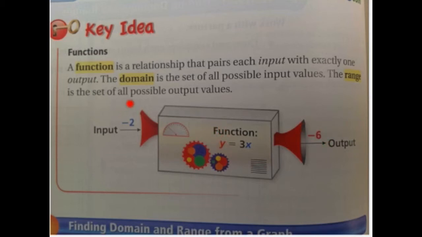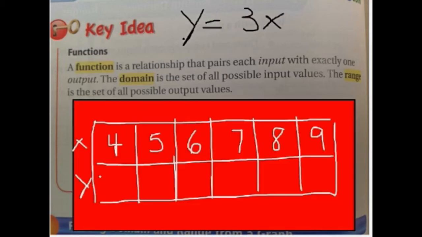When you put the x value in and you do the math, 3 times x, which is a negative 2, 3 times that negative 2 gives you a negative 6. That is a function. The domain is, and you can read up here, the domain is the set of all possible input values, okay? And then you have your range, which is the set of all possible output values.